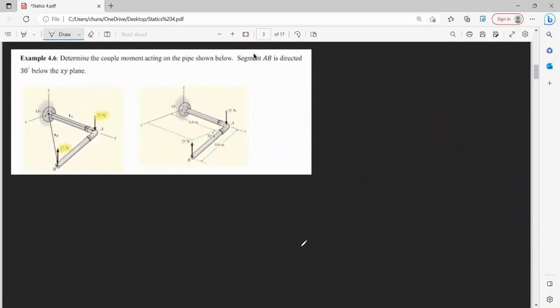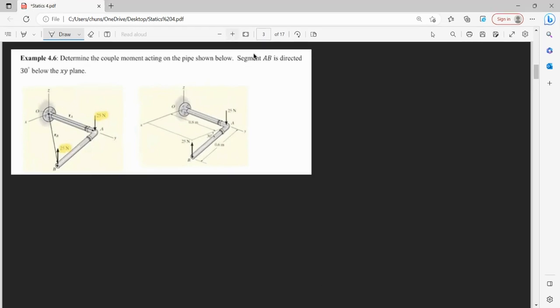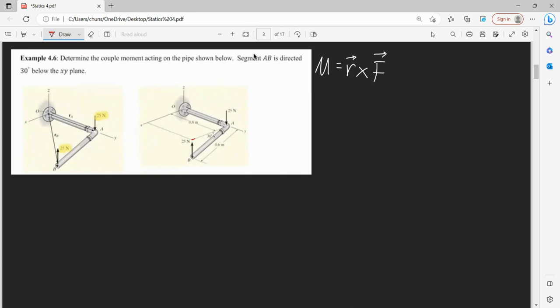So next we're going to talk about this pipe segment. From our previous video, we know that our moment is equal to the distance, so the position vector, times our force. In this case, our position vector is the separation distance between the two vectors.